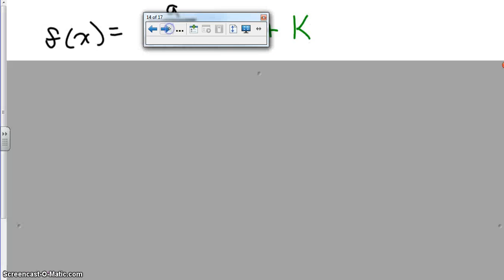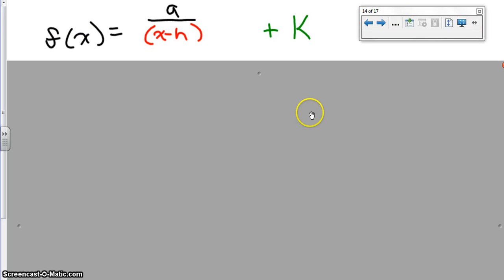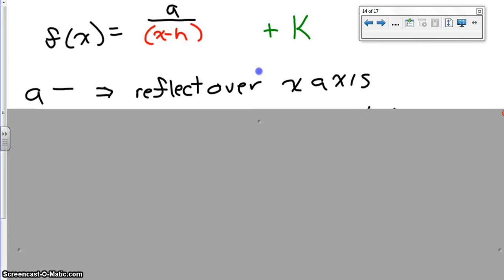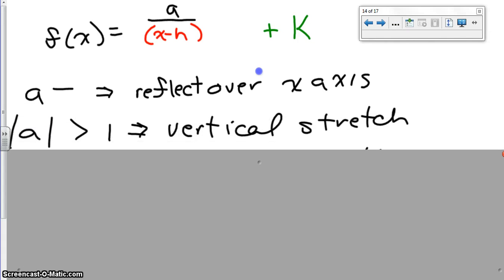All right, so in important notes, please make sure you write this down. Notice how I use different colors. Stop the tape, talk to your partners, and hopefully when you're done, you will see that you should have, ta-da, negative A reflects over the x-axis.